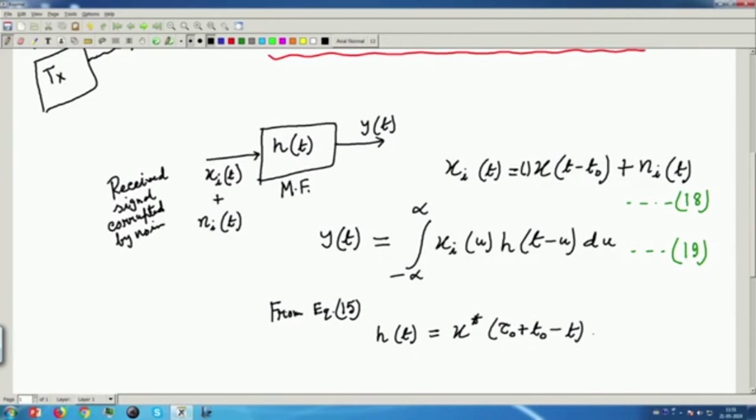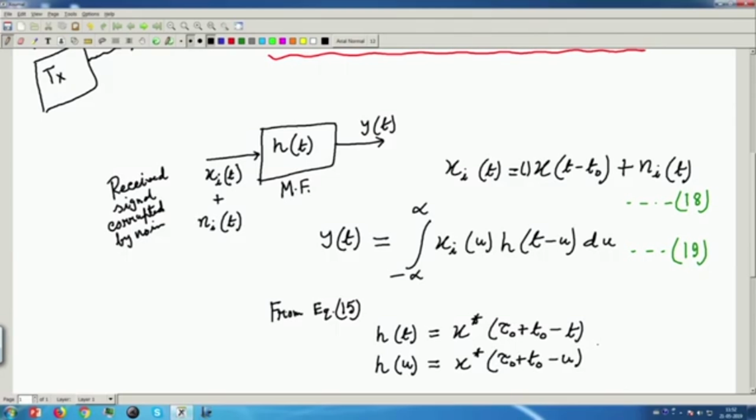Here we need h(t minus u), so if I write it as h(u), this will be x star of (tau naught plus T naught minus u).